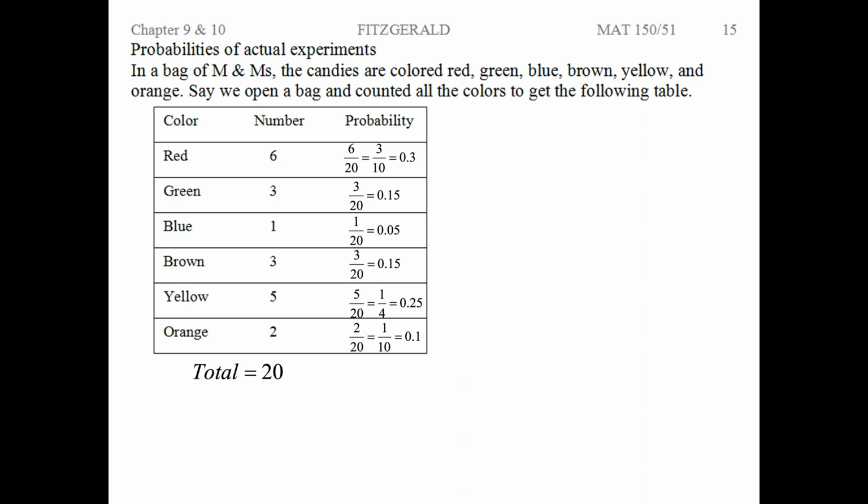You need to open lots of bags to get lots of probabilities and combine all this together to find out what the probability of getting a red, green, blue, brown, yellow, or orange would be. Experimental probability is not the best to use if you are only going to have a very small experiment. It needs to be huge.